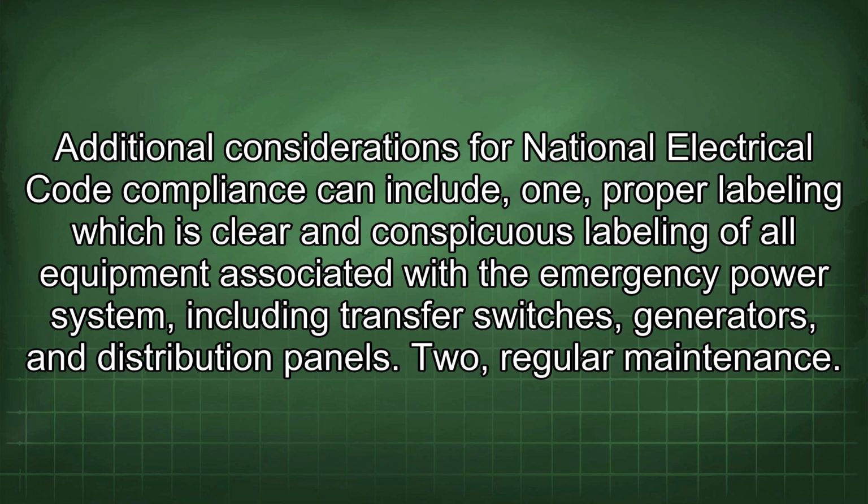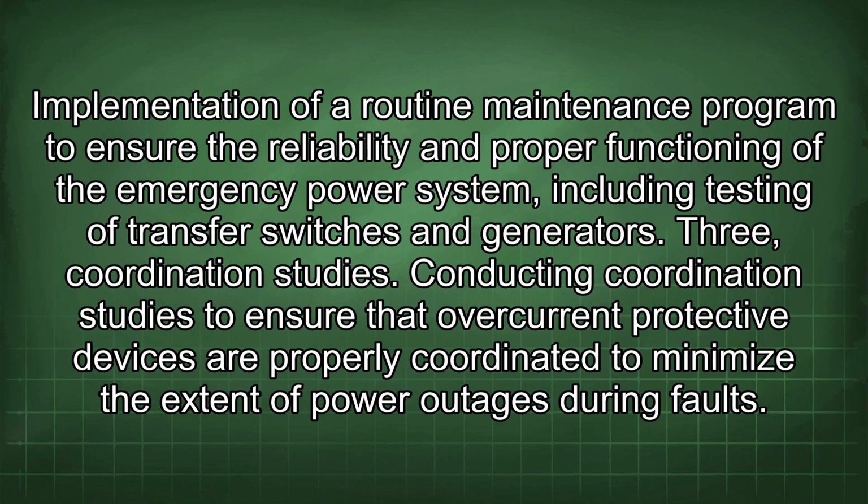Additional considerations for National Electrical Code compliance can include: 1. Proper labeling, which is clear and conspicuous labeling of all equipment associated with the emergency power system, including transfer switches, generators, and distribution panels. 2. Regular maintenance. Implementation of a routine maintenance program to ensure the reliability and proper functioning of the emergency power system, including testing of transfer switches and generators. 3. Coordination studies.